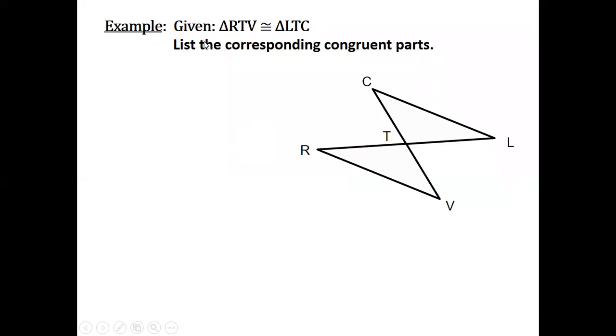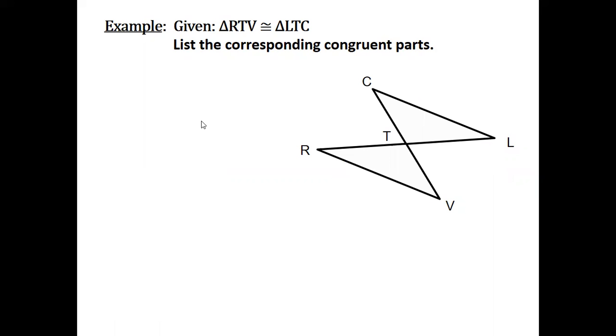This one, the triangle RTV congruent with the triangle LTC. So we can mention the sides now. We can start with RT with LT, TV with TC, and RV with LC. Again, we can work step by step.